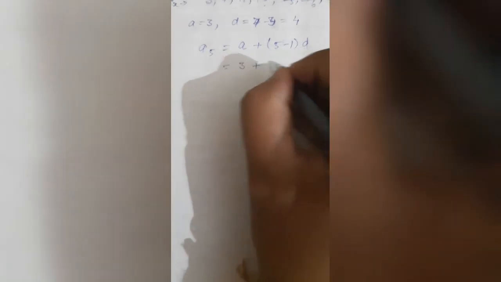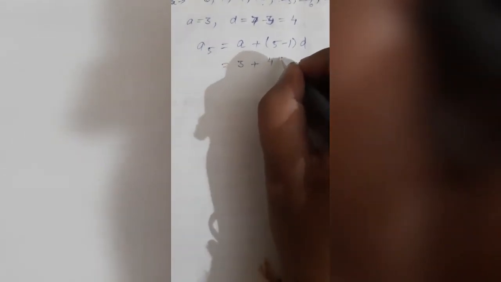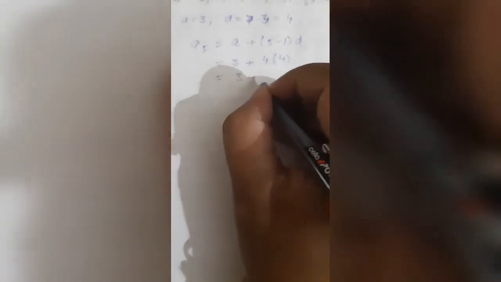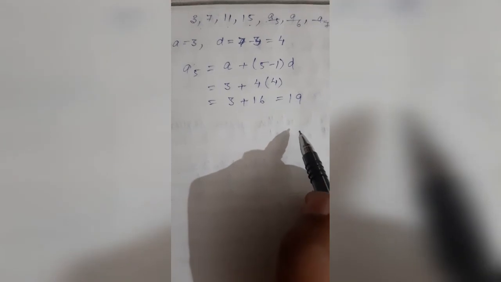Now A is 3, n is 5, and D is 4. So my next term will be 3 plus 16, that is equal to 19. You can also analyze that after 15 it should come 19 only. So by formula also we are getting the same.